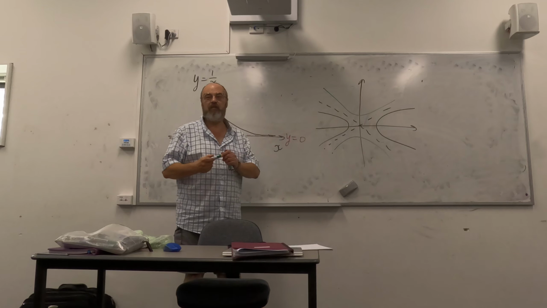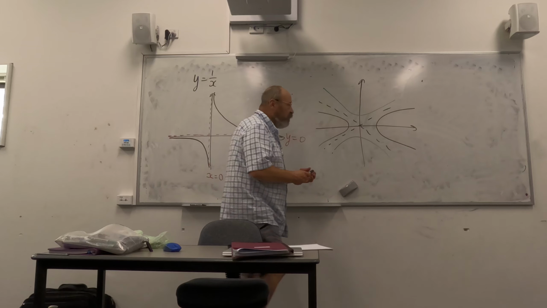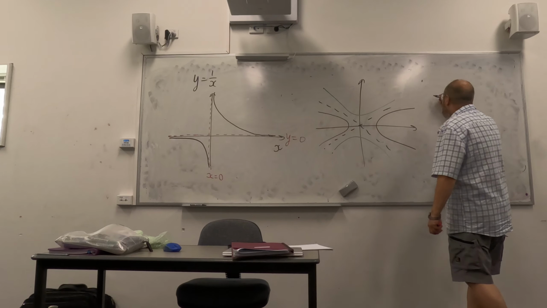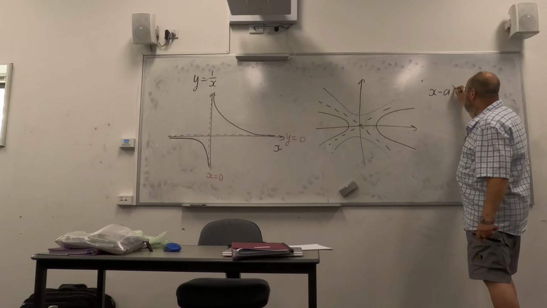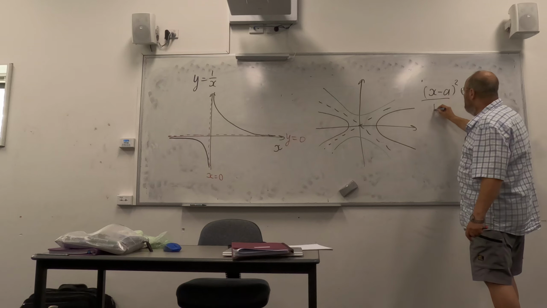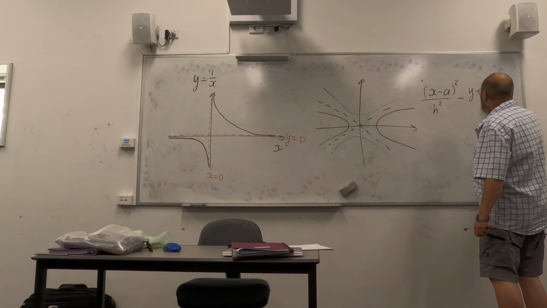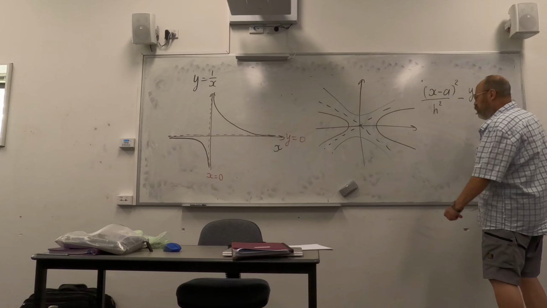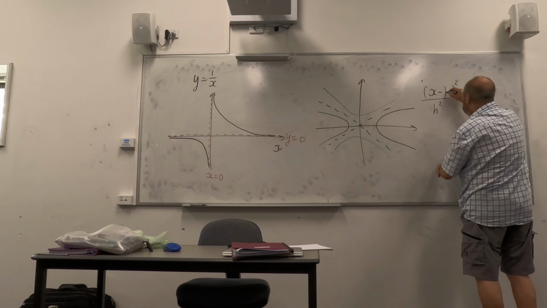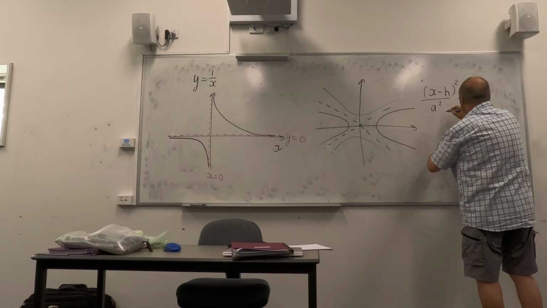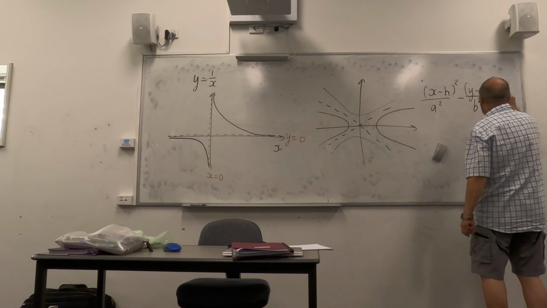Again, this is for those who will be learning specialist. The equation will be (x minus h) squared over a squared minus (y minus k) squared over b squared equals 1.